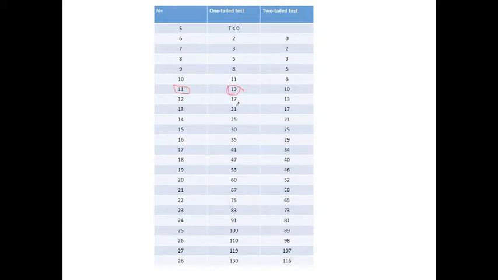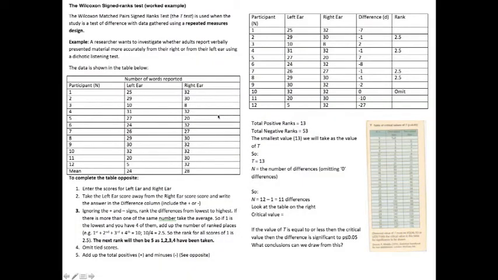So let's go back to this and have a look at this comment here. Remember, our critical value is 13. It's just coincidence that our 13 is the same figure as our T. Don't worry too much about that.